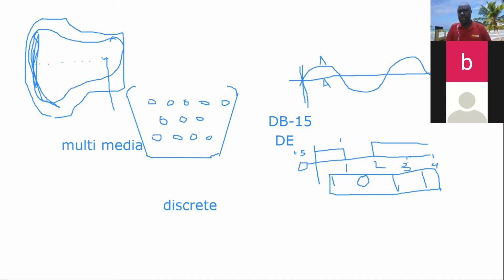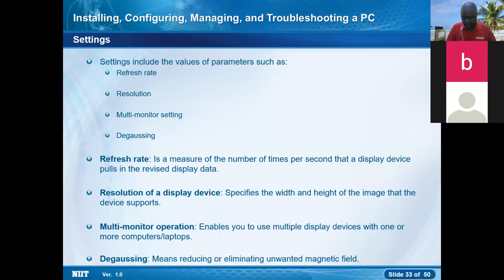Now that process is called degassing. So it simply means eliminating unwanted magnetic field. One way to do it is to use a special cloth which will be dipped into some chemical. Then you just wipe it. That is going to reduce the electrostatic buildup on the surface.